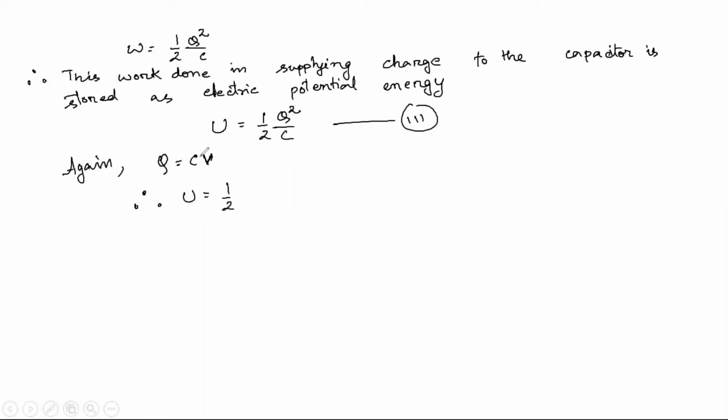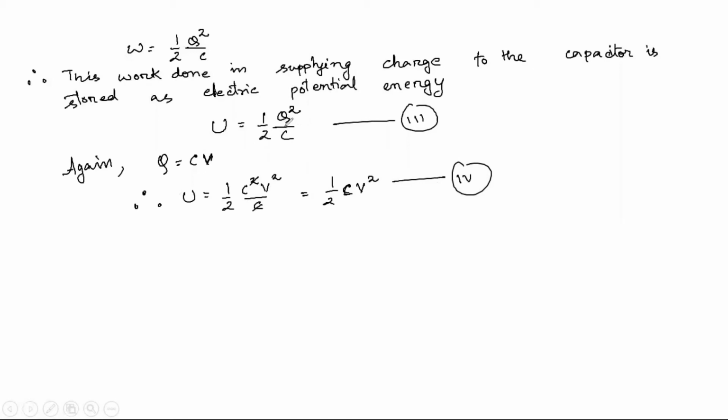When you replace this Q by this CV term, it will be C square V square by C. The C's get cancelled, so you will have a relation in terms of capacitance and potential: half CV square.